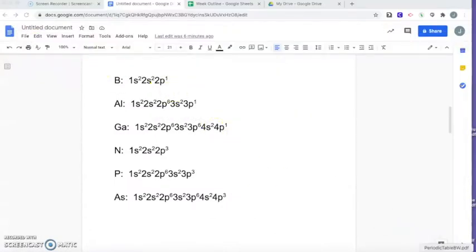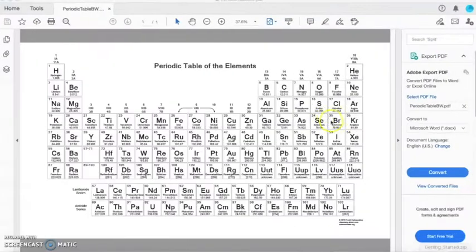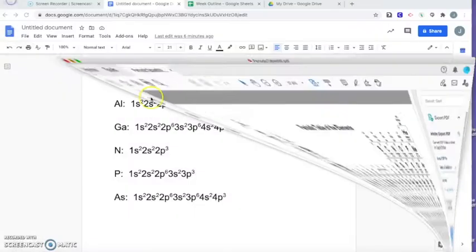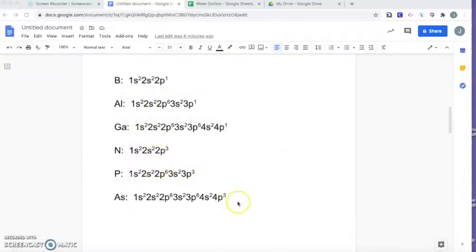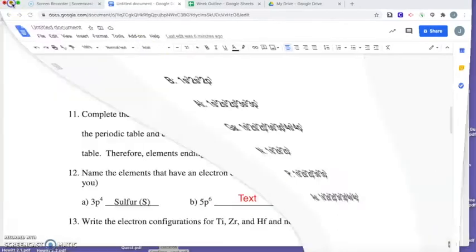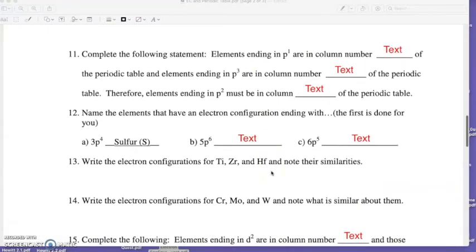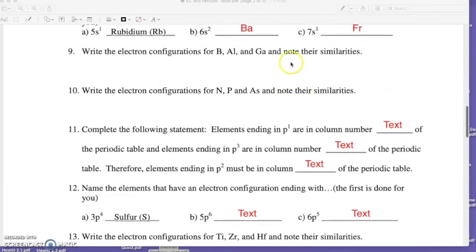And then nitrogen, phosphorus, and arsenic all end in p3, and these are energy levels 2, 3, and 4. So again, in the same column, we've got some commonalities there, right? Make sure you write those notes down.